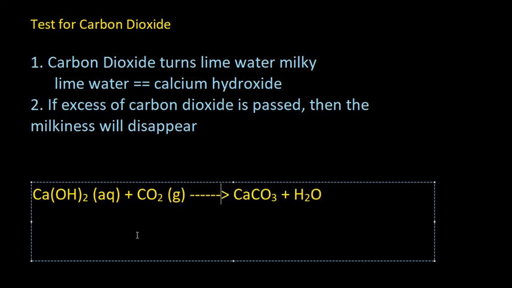Now this one, calcium carbonate, this is insoluble, so it's a solid, and water is a liquid. So you can see that it is a solid, it is not soluble in water. So this is seen as the white precipitate, and this is the reason for the milkiness of the solution.